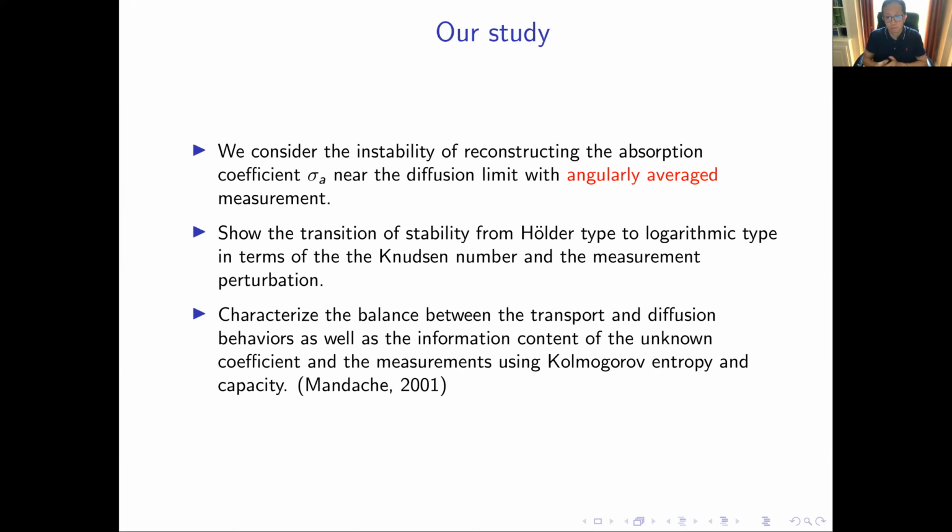So we will see the result. The framework, although it's much more technical for this problem, follows the main approach, the methodology by Mendashi for the EIT problem, which is just a Schrodinger equation, in 2001.